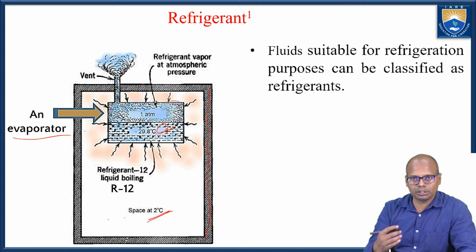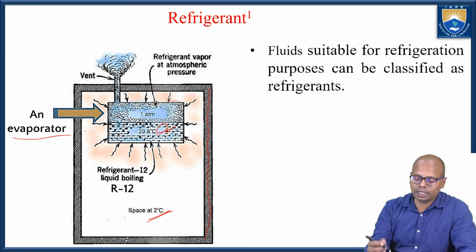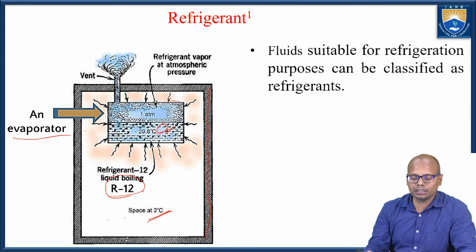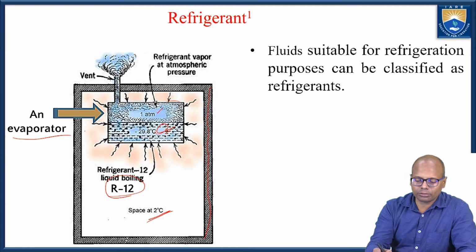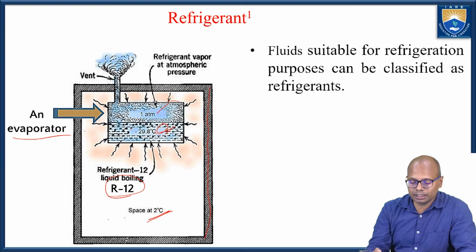That we will see in the future steps. Here R12 is taken as the refrigerant, and in the case of R12, at atmospheric pressure it boils at minus 29.8 degrees centigrade.